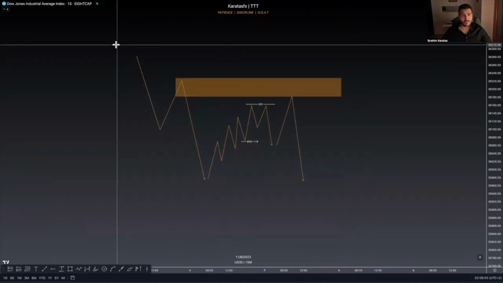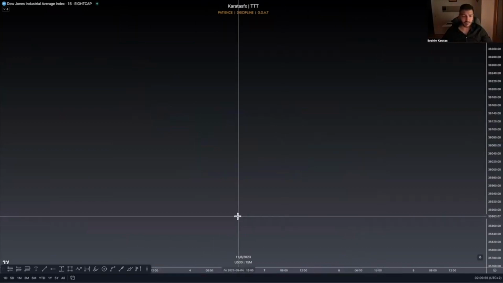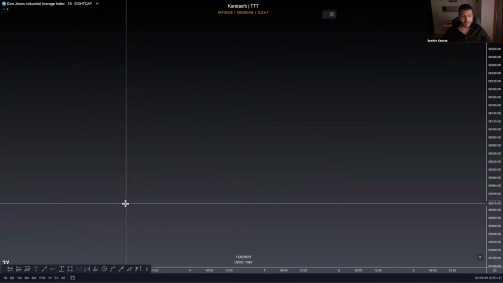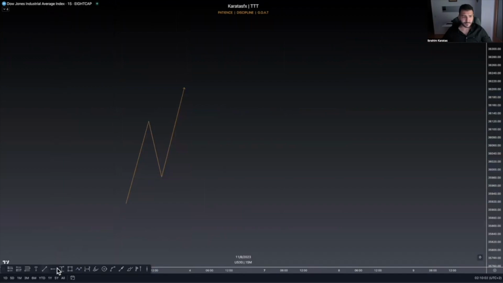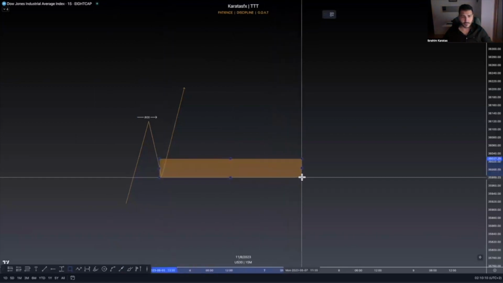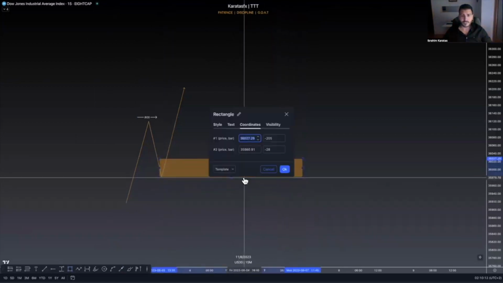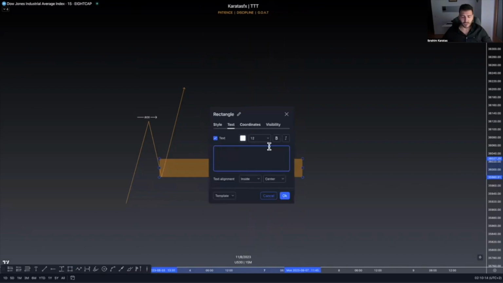And the same example on the bullish side of the market, we have a higher high. So let's say this is daily demand.